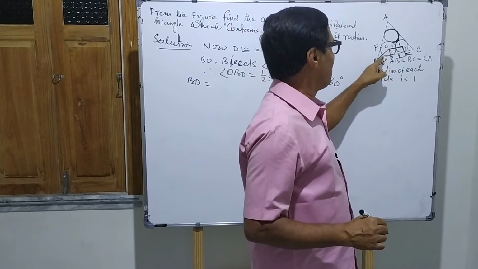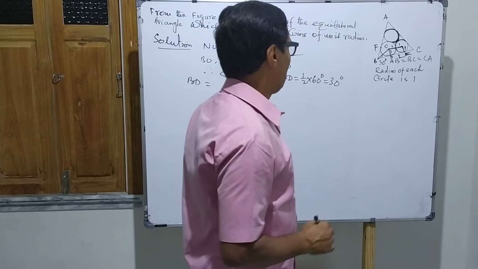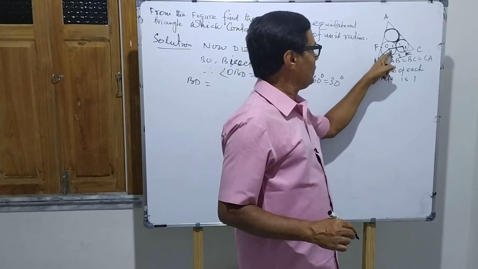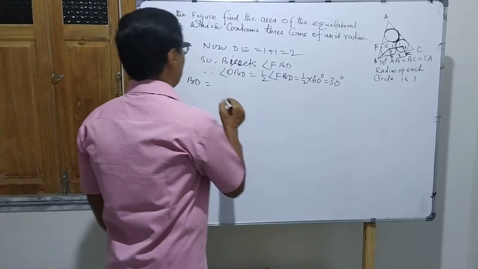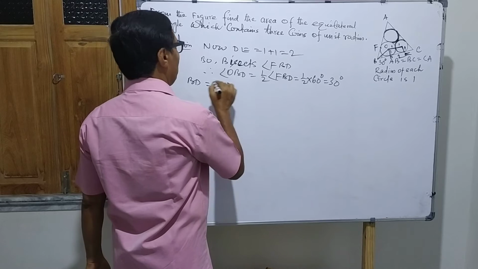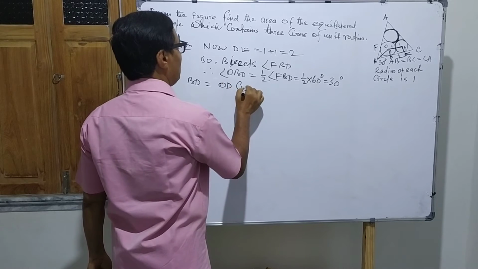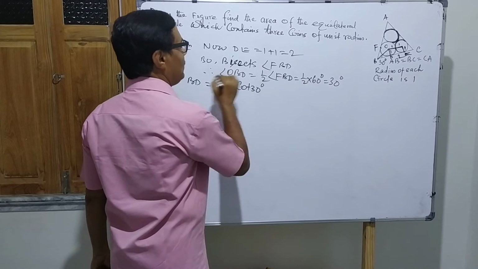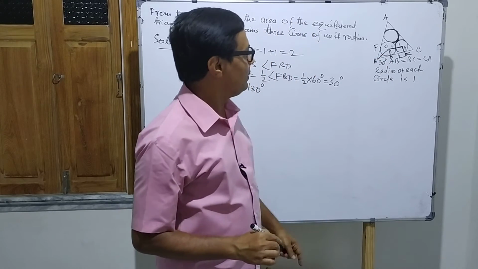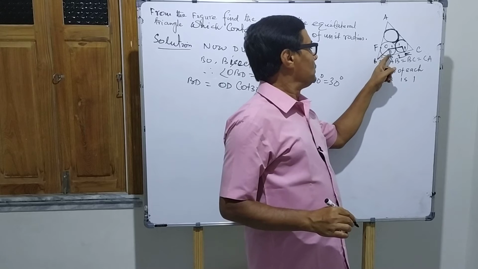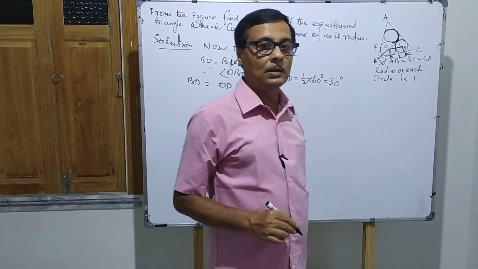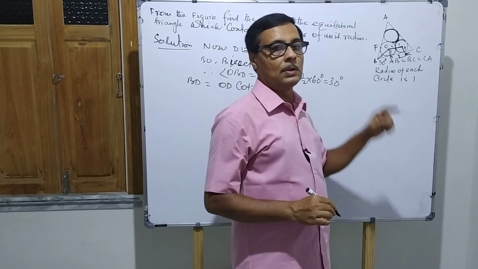So OD is perpendicular to BD, and so we can write BD equals OD cot 30 degrees. We have known from the geometric theorem that the line joining the point of contact and the center of the circle is perpendicular to the tangent.